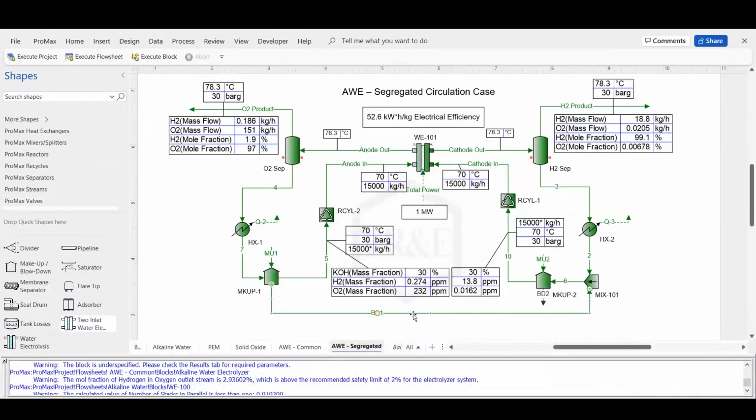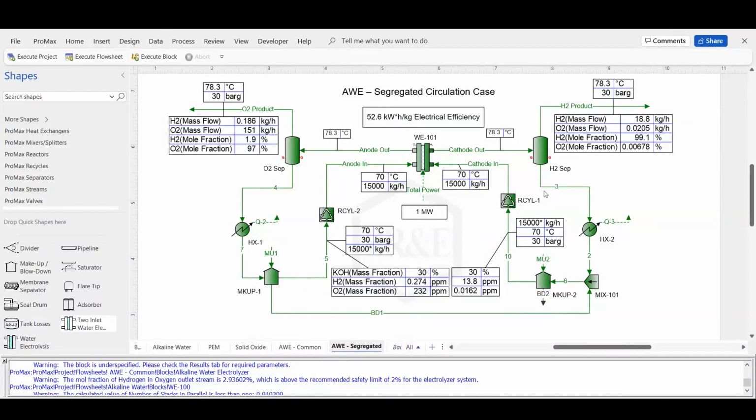These are so segregated, there's an unmeasurable flow rate that's connecting these two, and they each have their own makeup blowdown blocks to maintain their circulation rates and KOH concentrations. But they're segregated so any hydrogen dissolved in this water never gets to the oxygen side and vice versa.